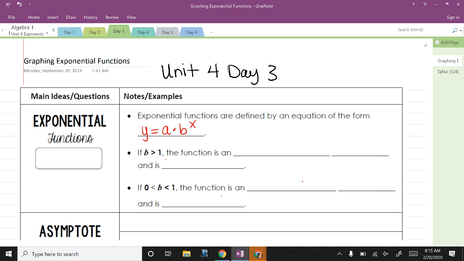Okay? So a and b are just numbers, but the x is the exponent. So that's how you know you have an exponential function: if your x is in an exponent, not down low with the rest of it. Okay? That makes sense. The x is the exponent if it's an exponential function. So that's the form of an exponential function.